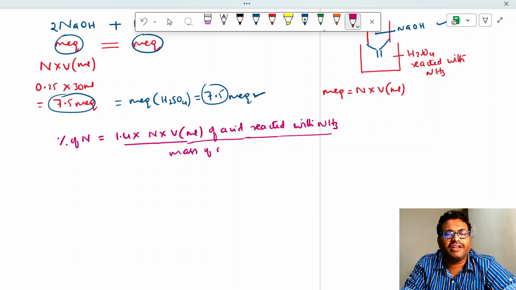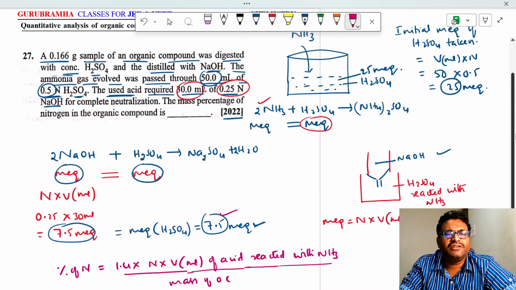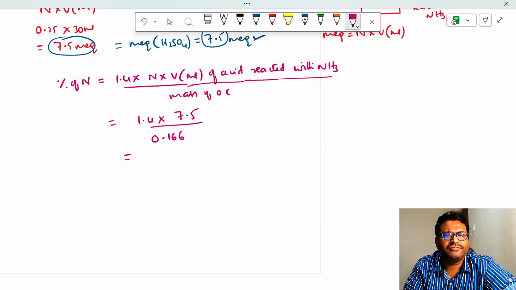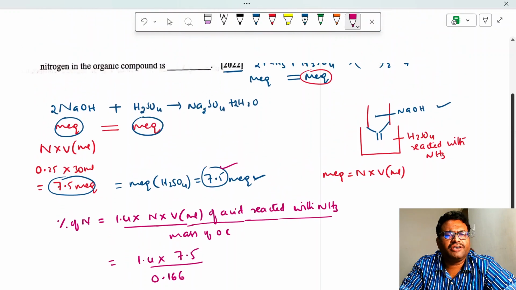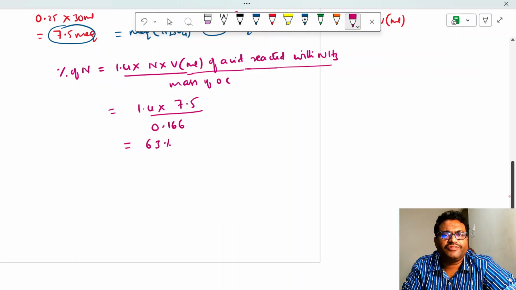So now we can put 1.4 into milli-equivalents, so I can write it directly as 7.5 by mass of the organic compound, which is 0.166.